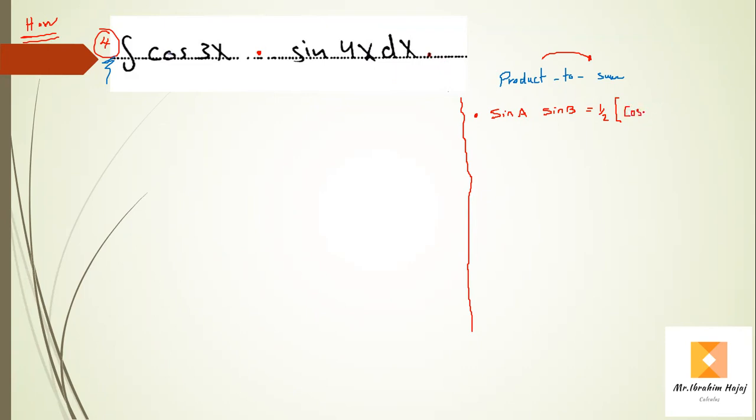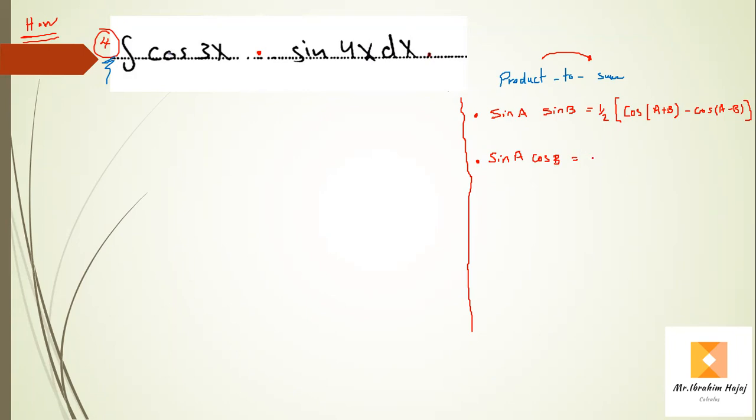We always say when it's sin sin, it's cosine inside, the cosine of the difference, minus the cosine of the sum, cosine A plus B. Isn't it sine A cosine B, sine A plus B plus sine A minus B over 2? Yes, but 1/2 means over 2.